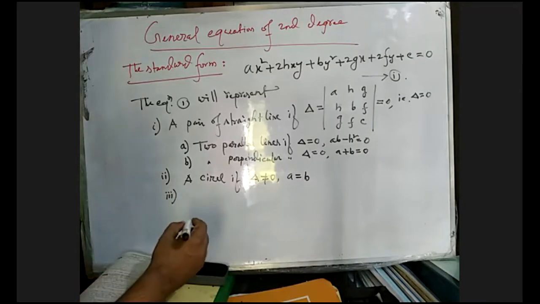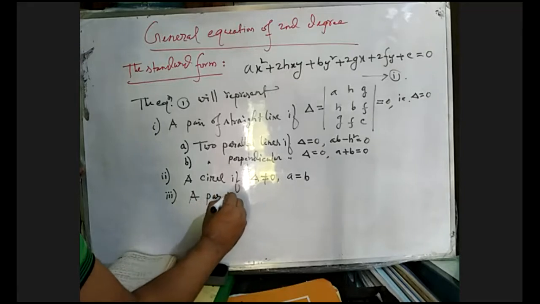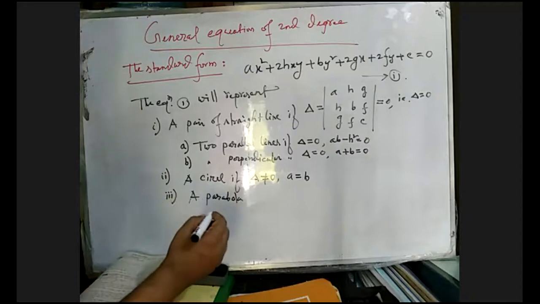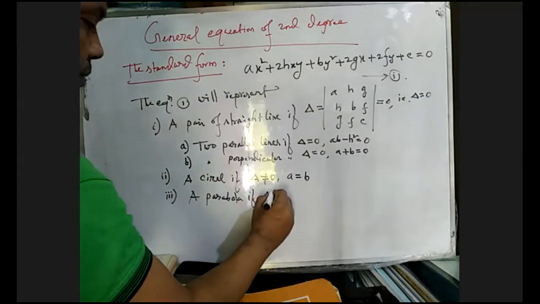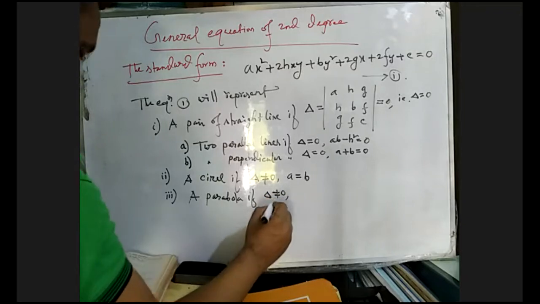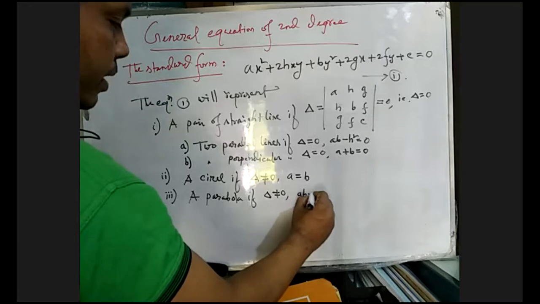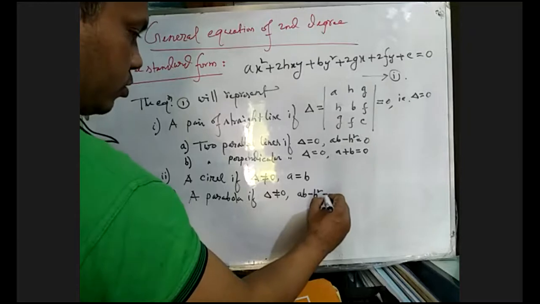Now another one, a parabola, if this determinant is not equal to 0 and the discriminant ab minus h square equals 0.